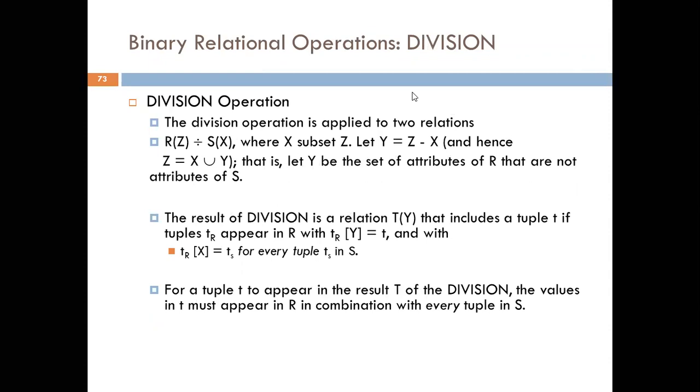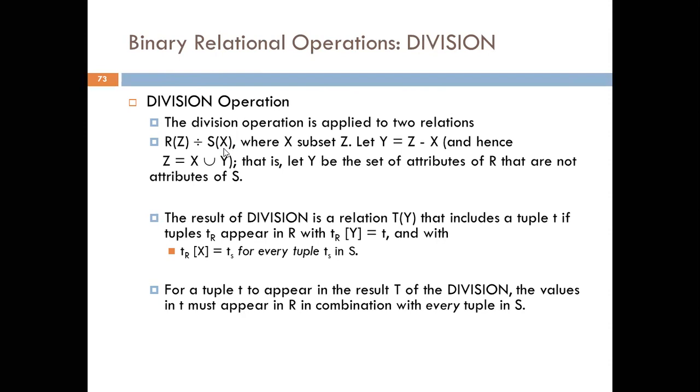One more last relational operator we have is the division operator. The division operator is specified on 2 tables, so the division operation is applied on 2 relations: R of Z divided by S of Z. Let us see what this division operation is based on an example.